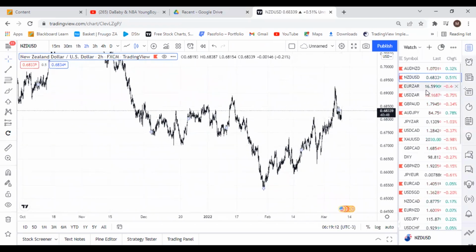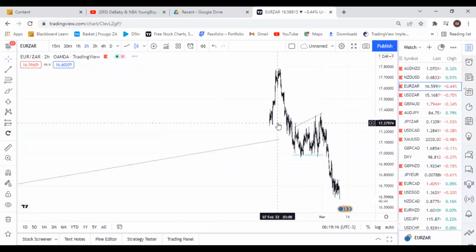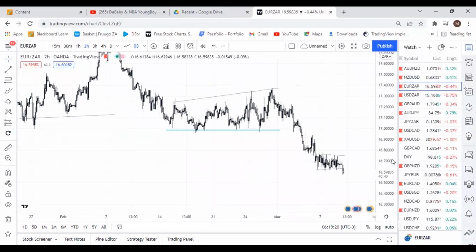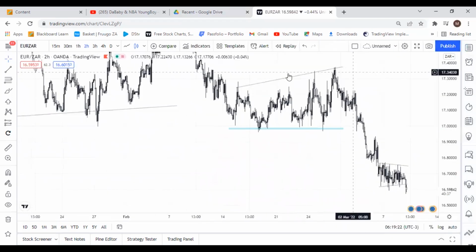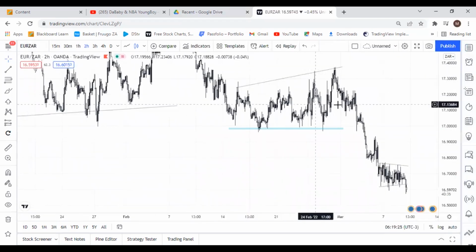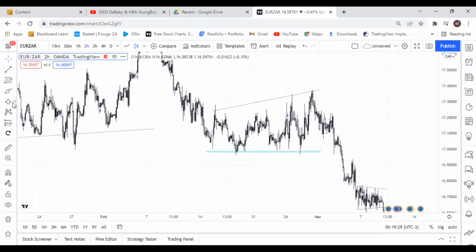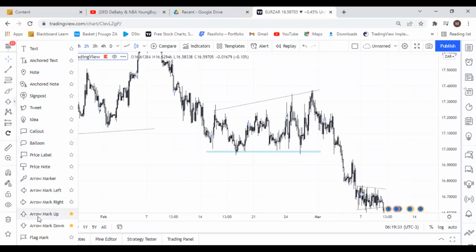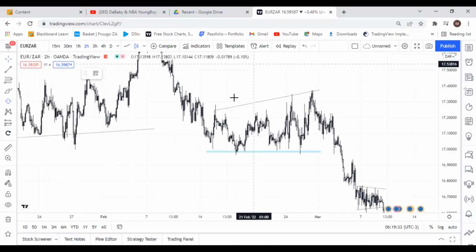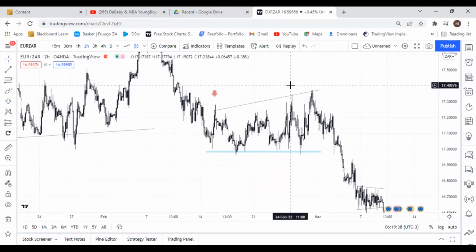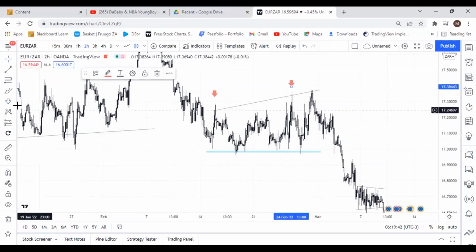Okay, before I move on to the next chart, I want to show you the same concept. So with this one, it is Euro ZAR. It's been selling off, and as you can see, with this bearish structure, we had clear touches on our resistance.